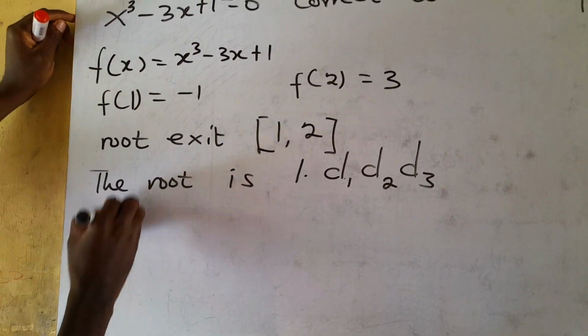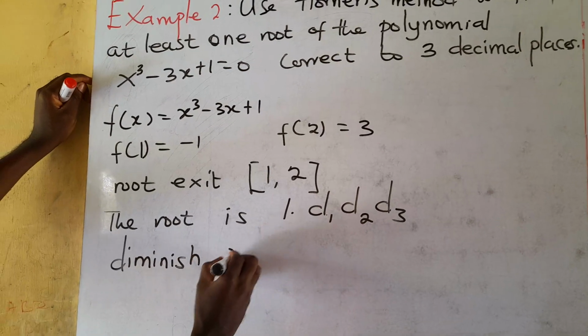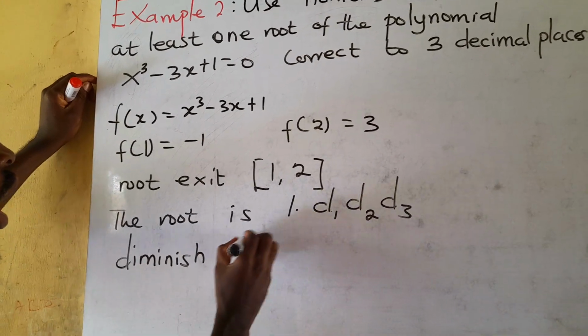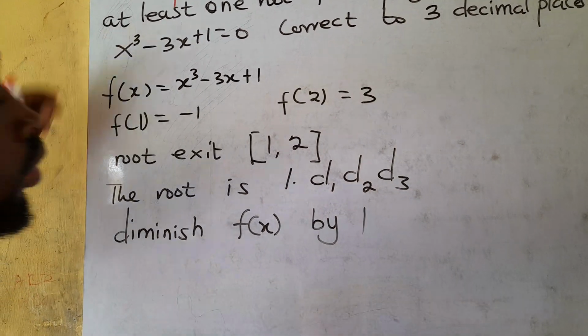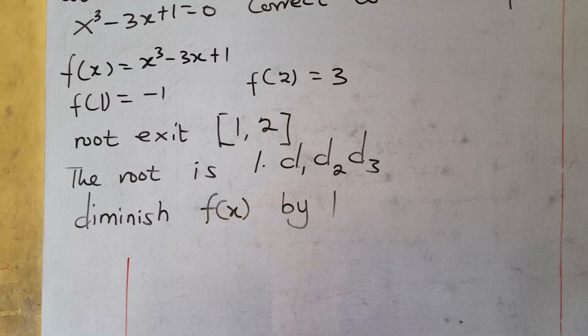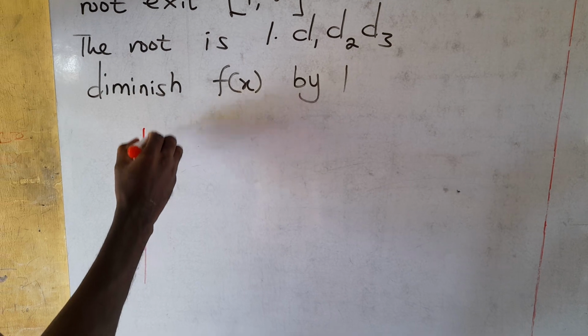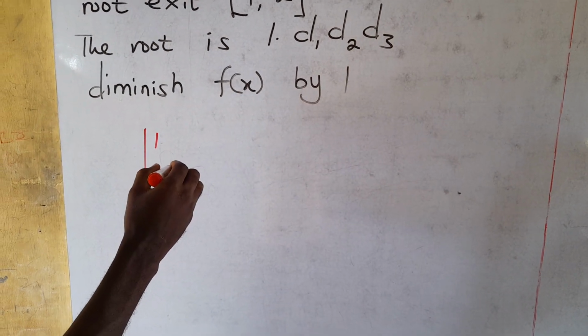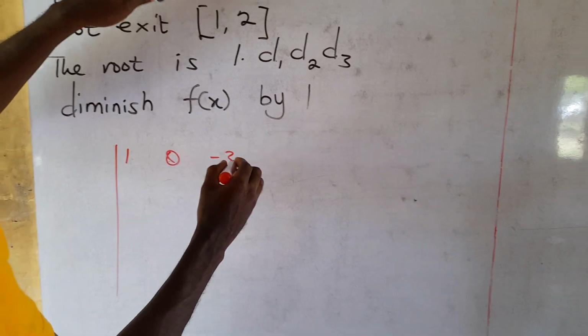So we diminish x cubed, that's our function f of x, by 1. How do we diminish? We just use a table to do that. We'll write the coefficients here. So we have 1. Remember, the coefficient of the square term is 0. The coefficient here will be negative 3, then 1.